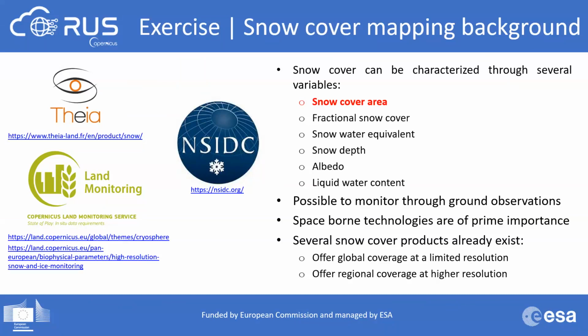If you're interested in monitoring snow cover with existing Earth observation products, I highly advise you to visit the THEIA web portal and have a look at their snow products. The NSIDC website is a reference for monitoring snow cover in the Northern Hemisphere, and also the Copernicus Land Monitoring Service offers very useful and reliable products to monitor the cryosphere.